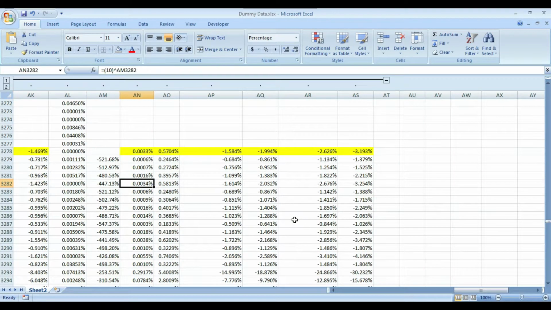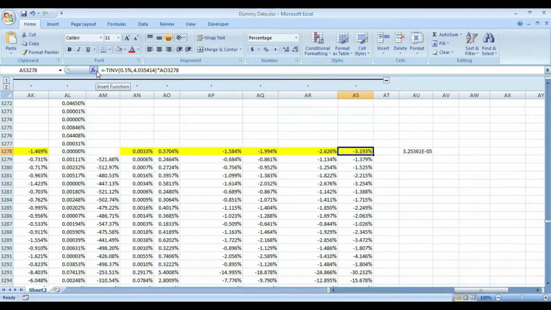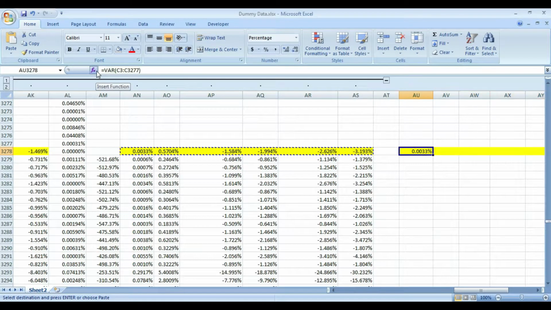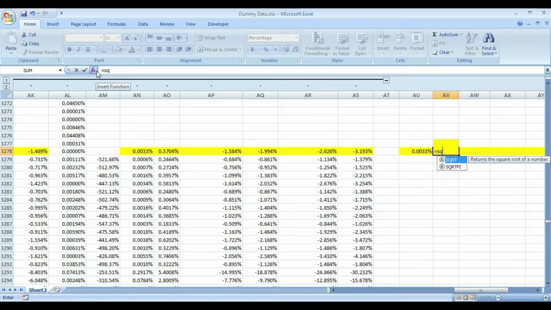Now let's compute the long run variance similarly as we did for other equations. So this is for the standard deviation part, so we'll paste it over here. Let me copy the format. Now the standard deviation is simply the square root of this. VAR will be this multiplied by norm inverse.